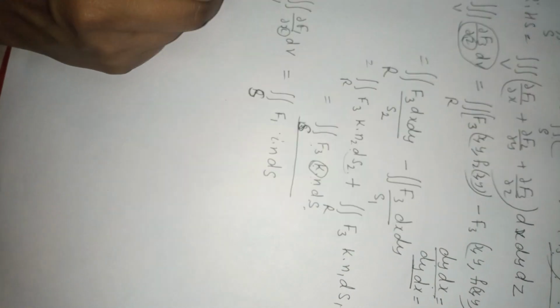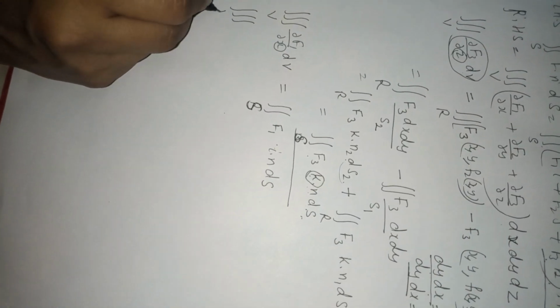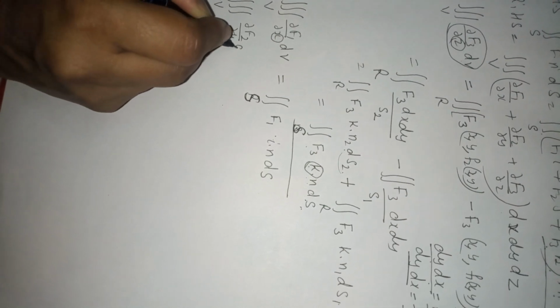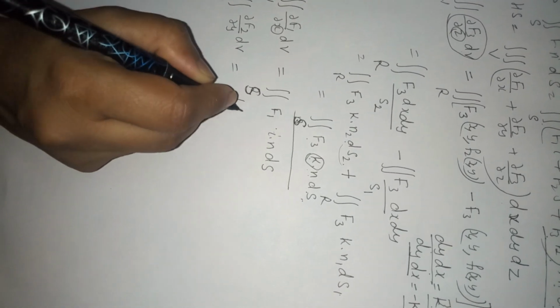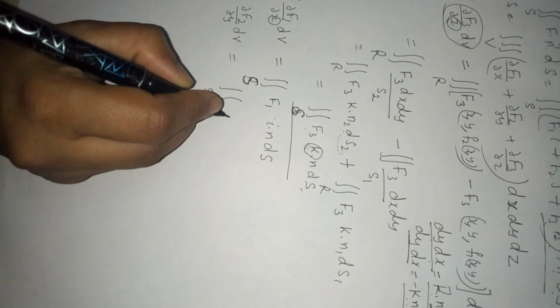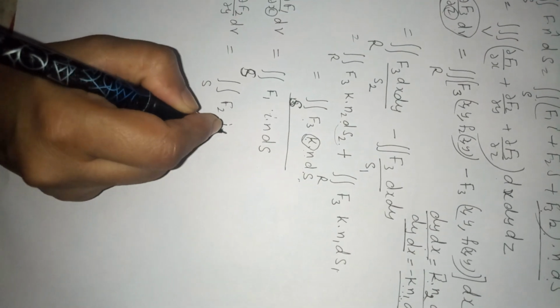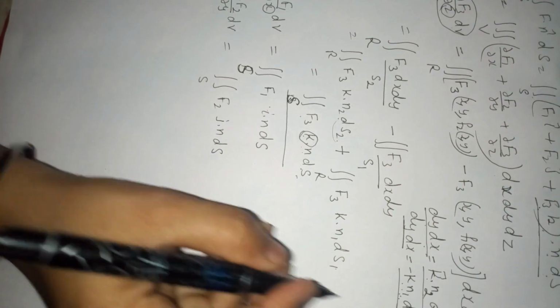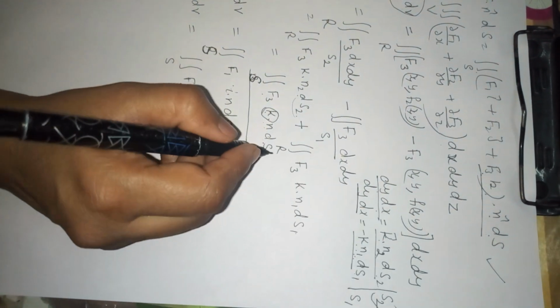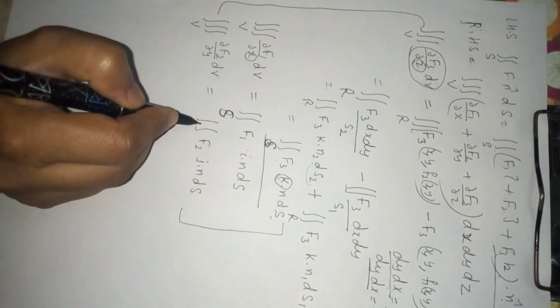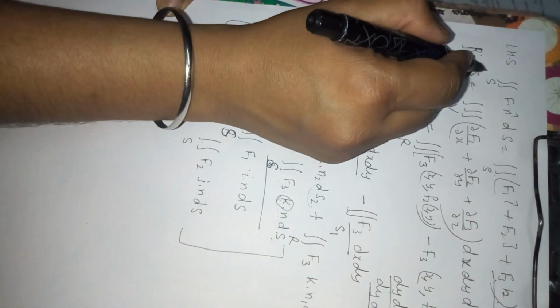And similarly for del f2 over del y dV, you will get the surface integral of f2 j dot n dS. By adding the three on the left hand side and the three on the right hand side, you will get the proof of the theorem.